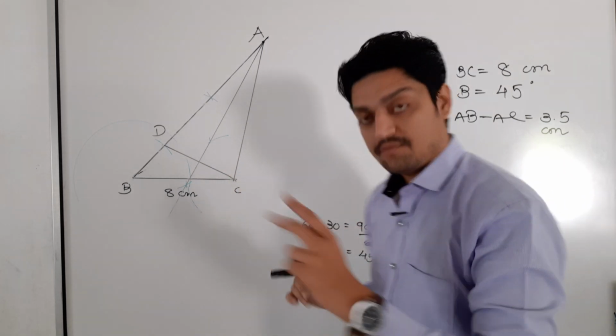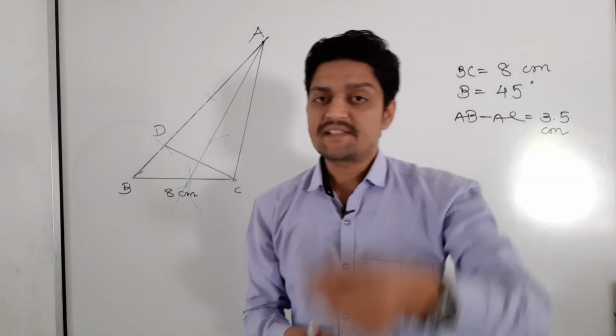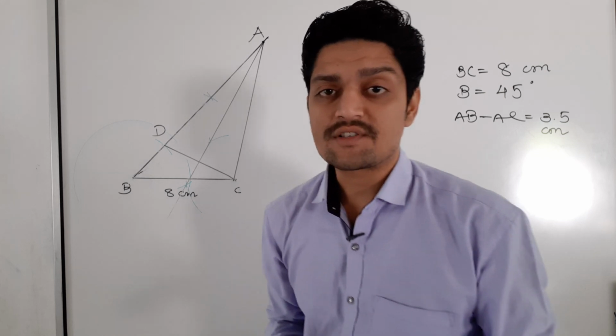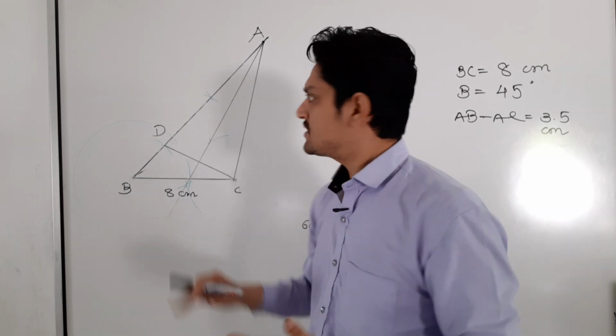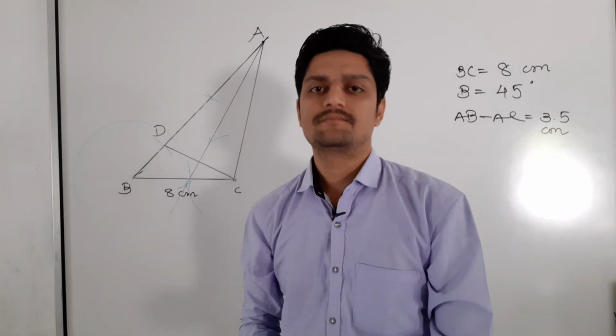Now one thing let me tell you, you people have to write the points of construction. Now you will say, sir, what are points of construction? Points of construction means whatever we have done here, all that you have to write down.